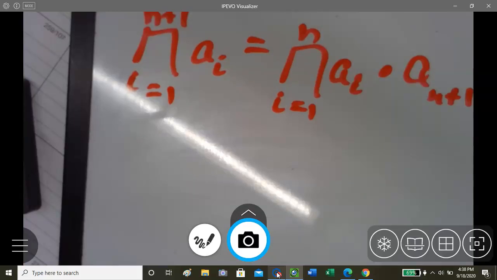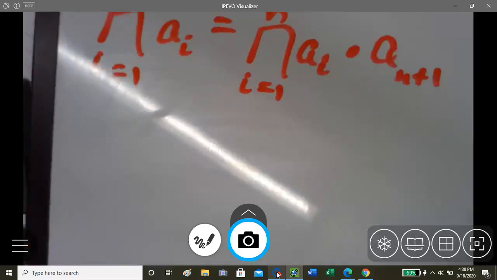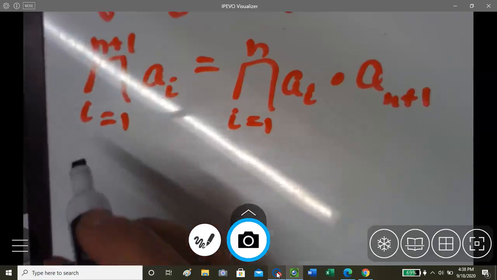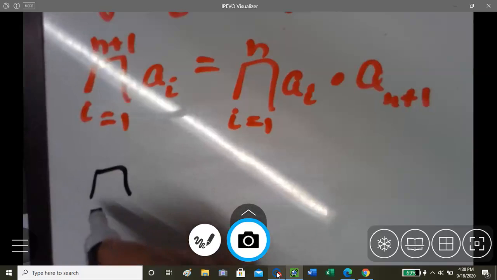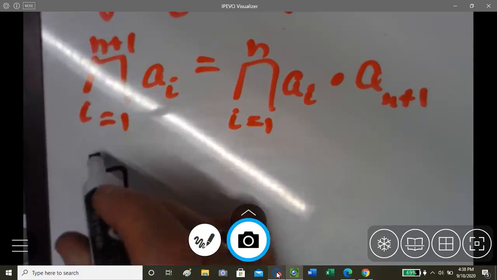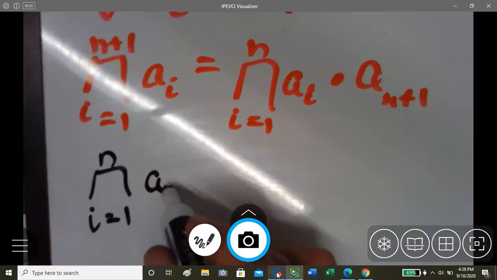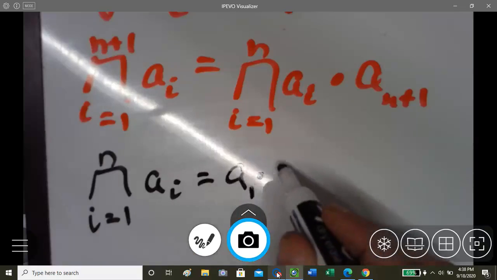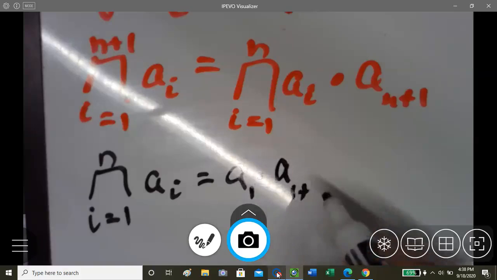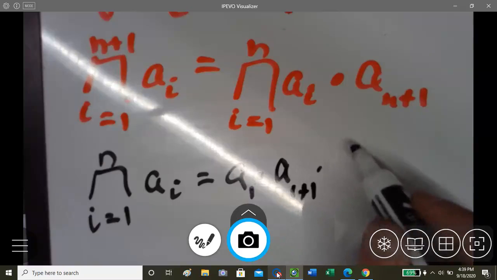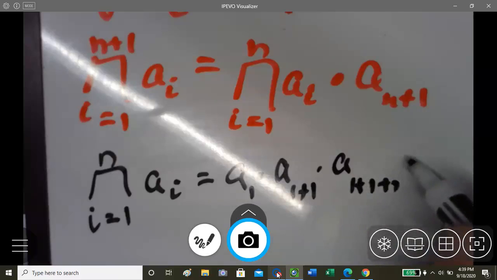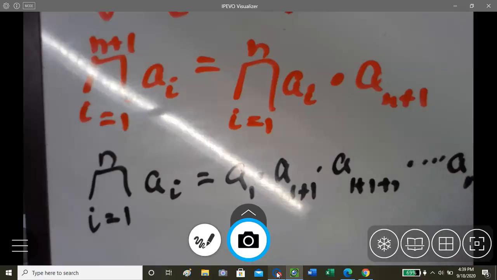So from here, we have the product from i equals 1 to n of a sub i. That's going to be a sub 1 times a sub 1 plus 1, because there's going to be one more, times a sub 1 plus 1 plus 1, and so on up to a sub n.